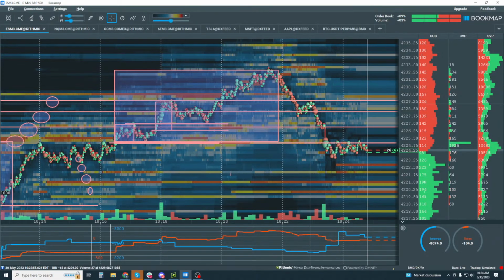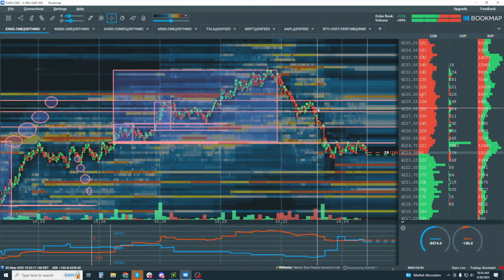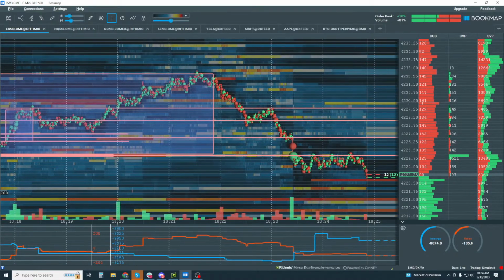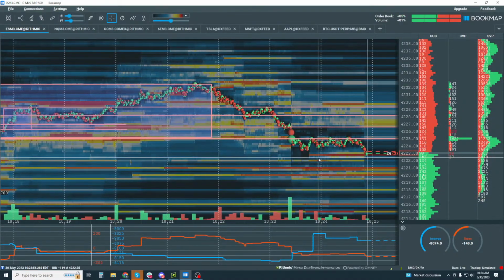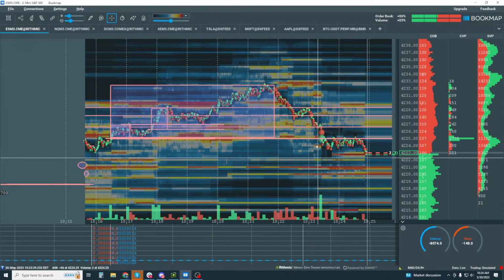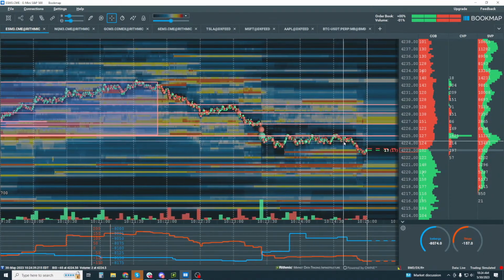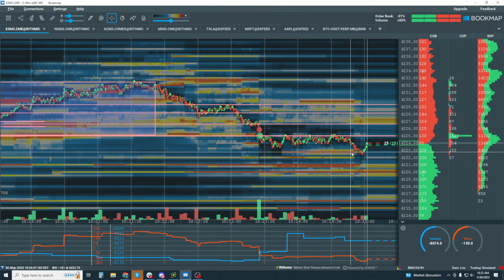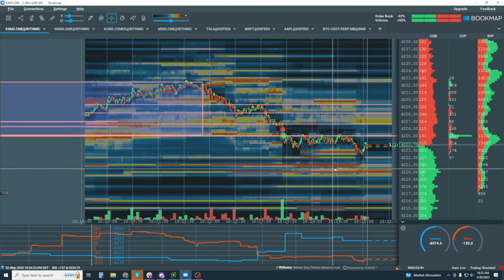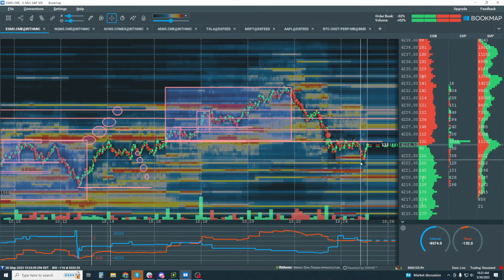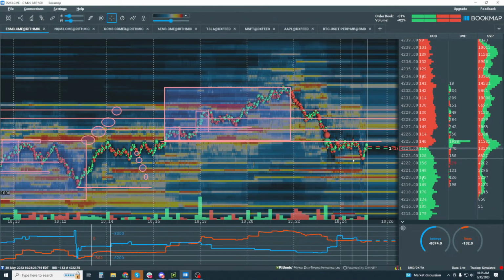Now the distinction between us and footprint charts is the details in here. So much more that you can see than on your footprint charts. All these nuances in price and volume and liquidity, especially liquidity. That's the number one thing missing from the footprint charts.